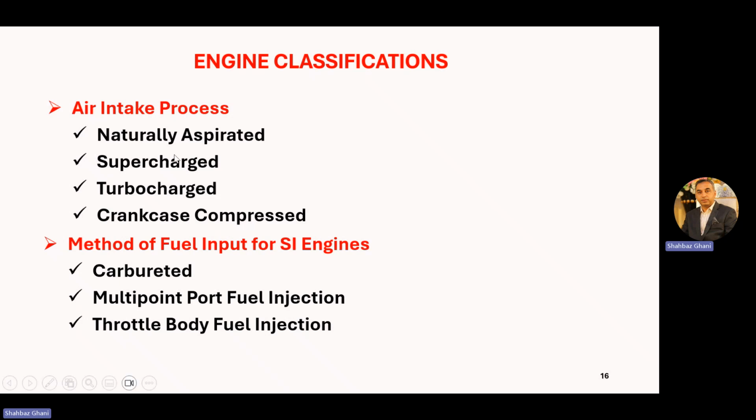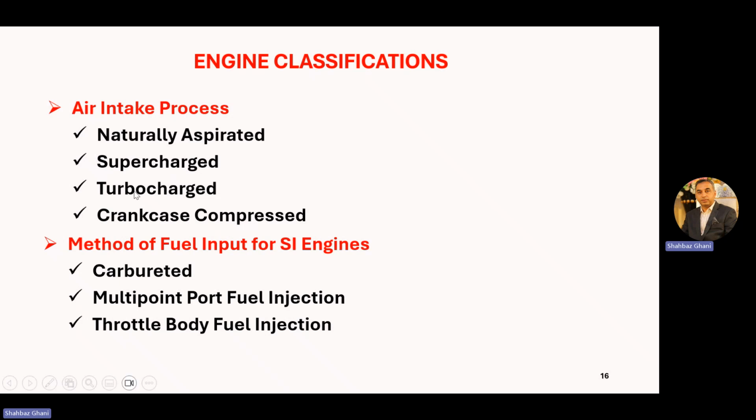That is your naturally aspirated engine. Now, if we have a supercharged engine, it means we have placed a supercharger on the intake manifold. With the help of that supercharger, compressed air is forced into the combustion chamber. That is your supercharged engine.